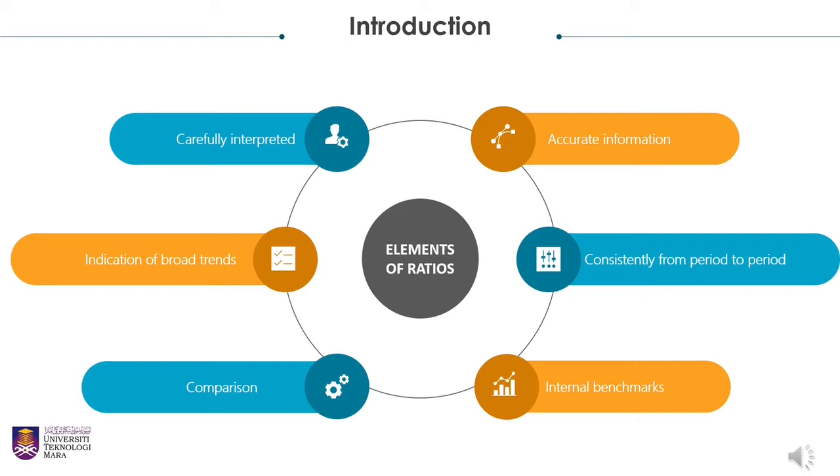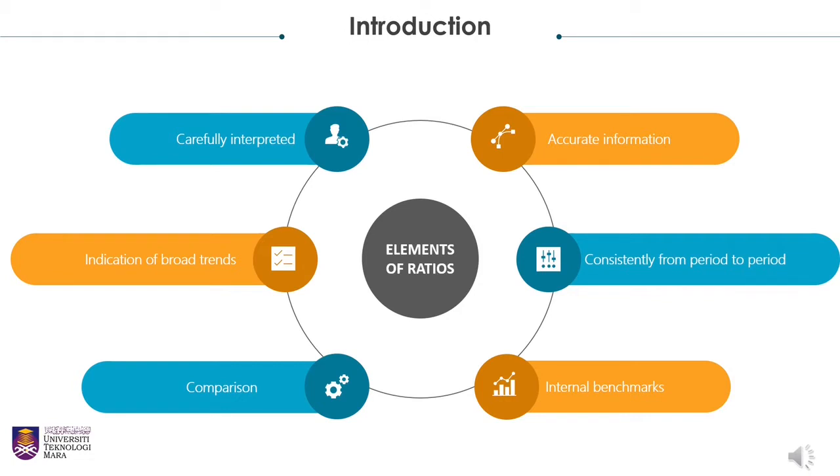impact. As shown on the slide, there are a few essential elements for ratios to be beneficial and purposeful. First, the ratios are calculated using definitive and accurate financial information. Second, the ratios need to be calculated consistently from period to period. The ratios are used in comparison to internal benchmarks and goals.